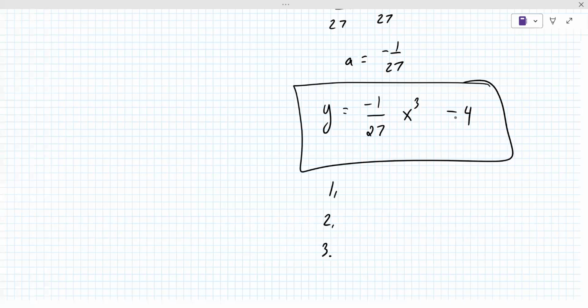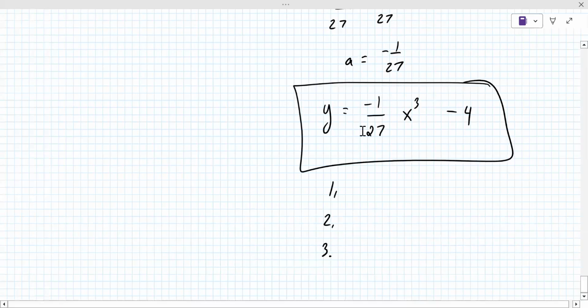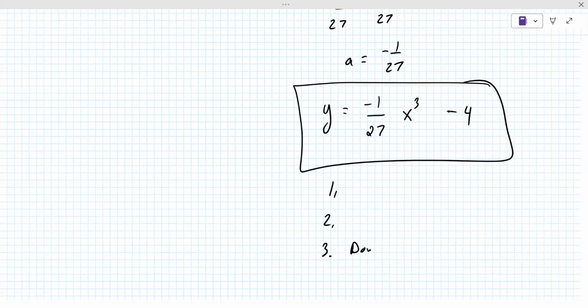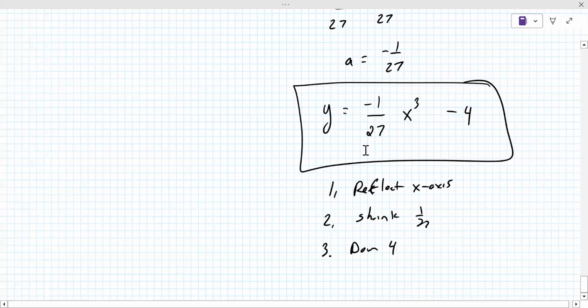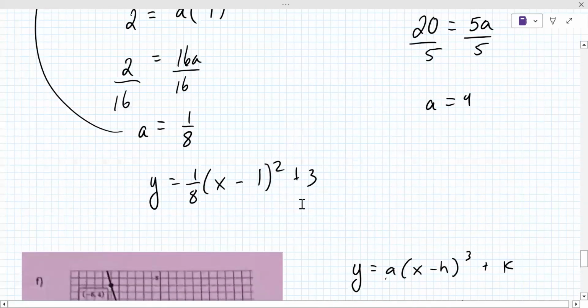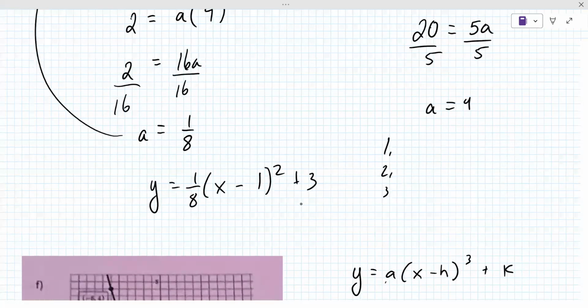I think it makes sense because if you look at it, you're moving down 4, you're never moving to the right or left, and then it's reflecting. It has a shrink of 1/27th. So we didn't do the transformations for the previous one, so we're going to do the last one.